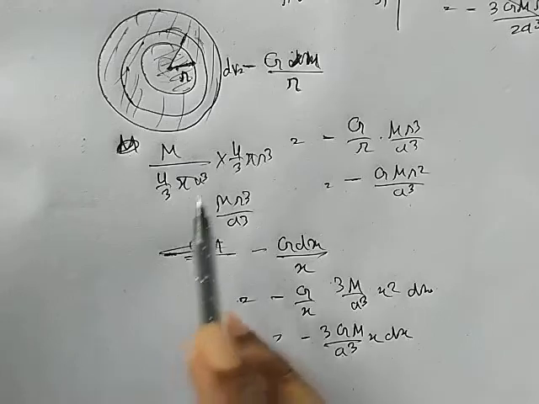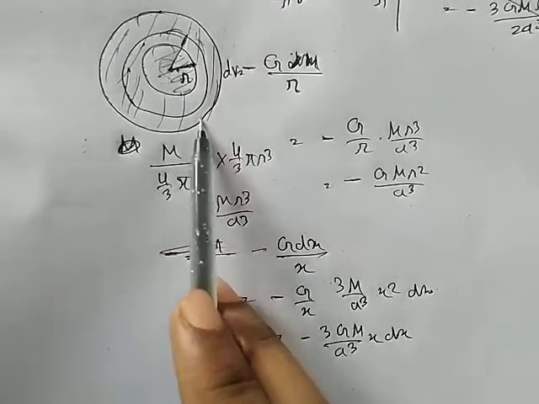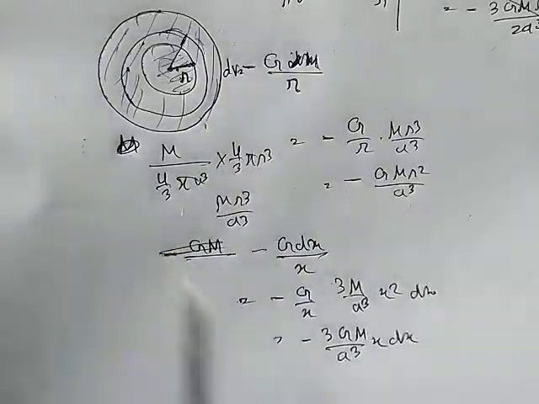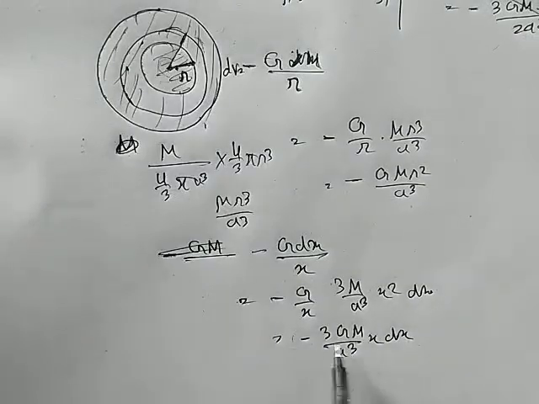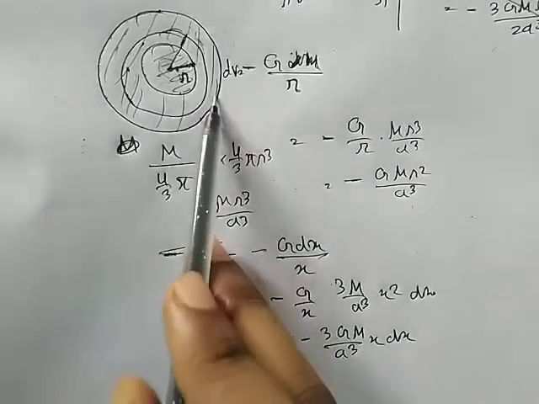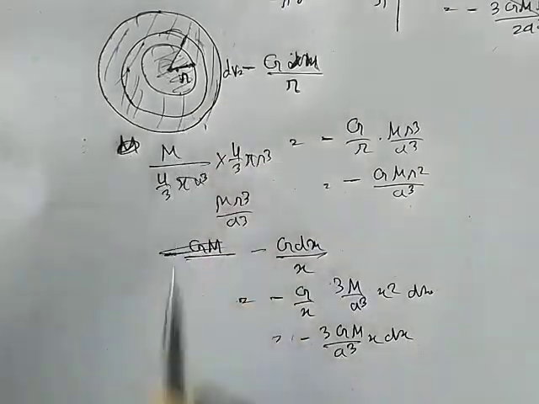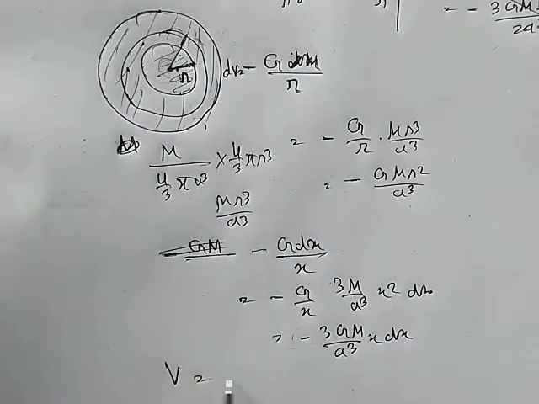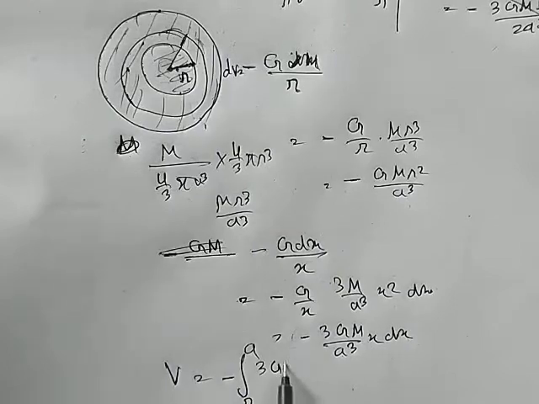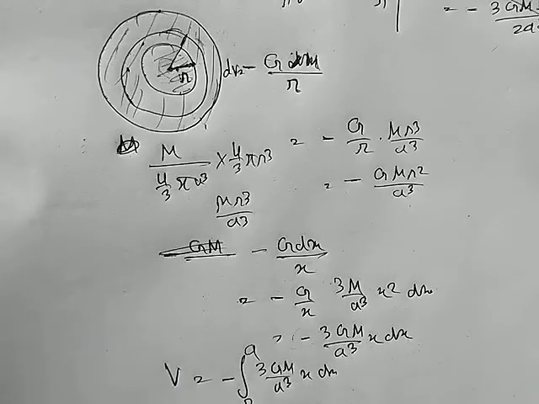Now we can find the potential due to the whole outer region by integrating this elemental potential from r to the whole radius a. So V becomes the integral from r to a of minus 3GM by a cube x dx, that becomes minus 3GM by 2a cube times a square minus r square.